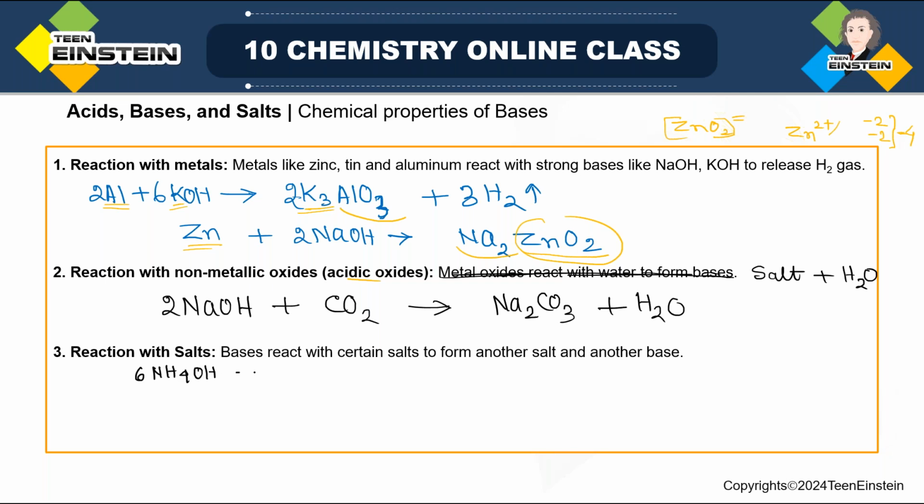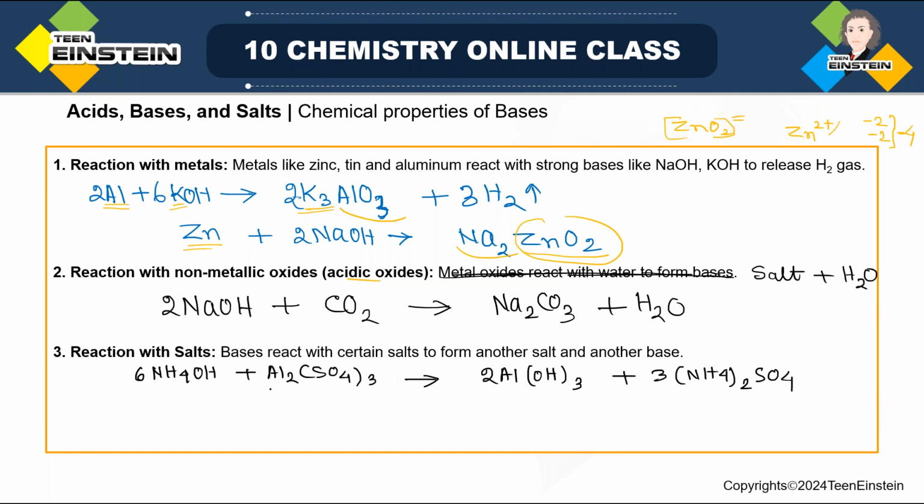6NH4OH and aluminium sulfate. This is our salt, Al2(SO4)3. So when these two react together, we are getting 2Al(OH)3. Now this is another base, that is, on the product side you are getting another base, and there will be formation of ammonium sulfate.